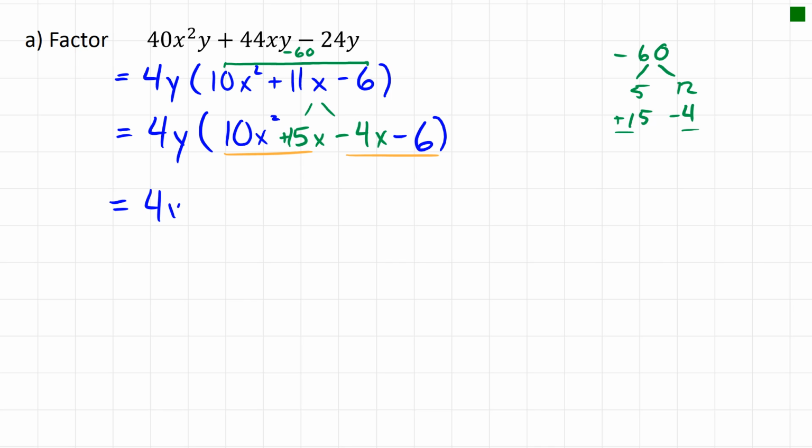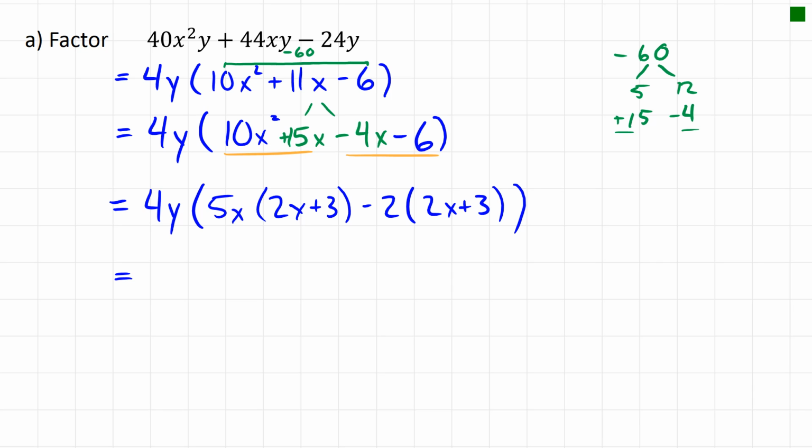So that's 4y times, first group I'm going to pull out 5x, leaving me with 2x plus 3. And in the second group, I'm going to pull out a minus 2, which leaves me with 2x plus 3. So all of that can be factored to give me 2x plus 3 times 5x minus 2.